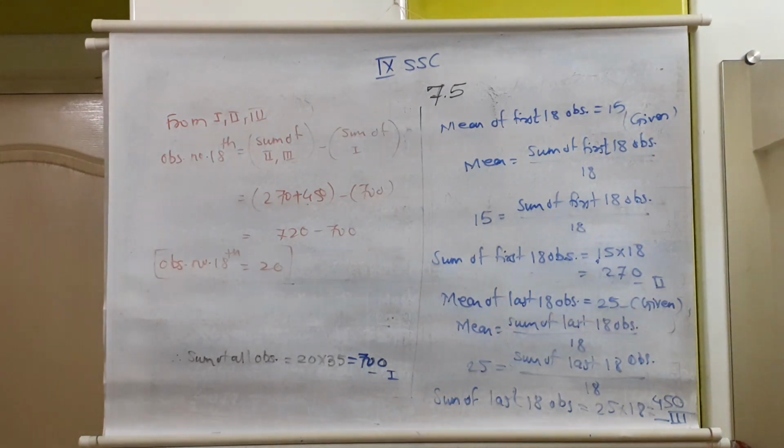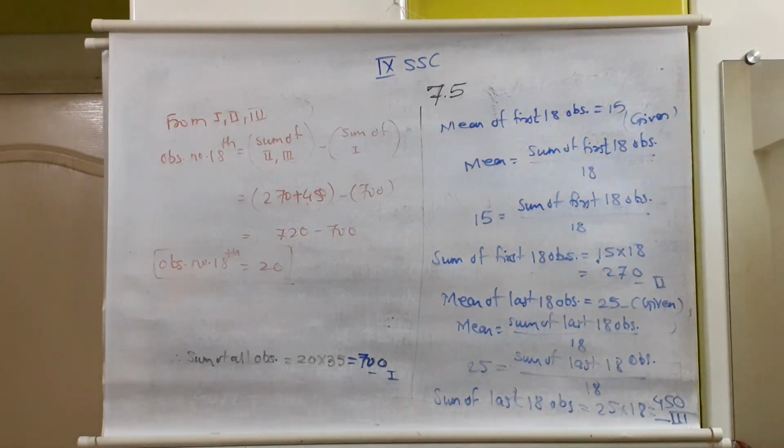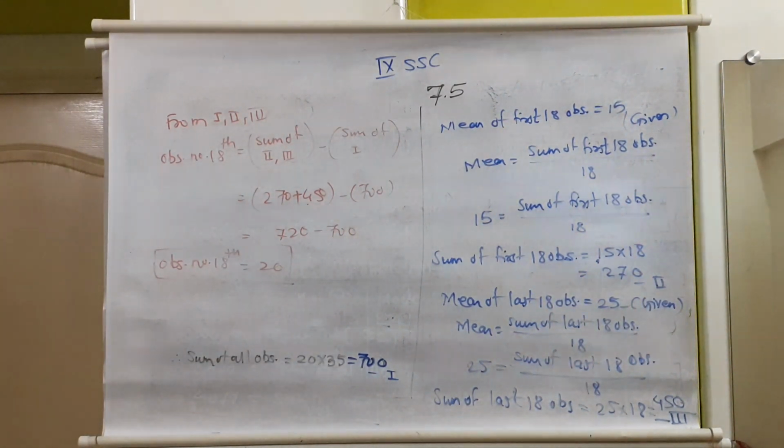If we'll add these both, second and third, 270 plus 450, total comes 720. In this, observation 18 was considered twice, once in 270 and second time in 450. But the sum of all the observations, all 35 observations, is 700 by equation number 1.